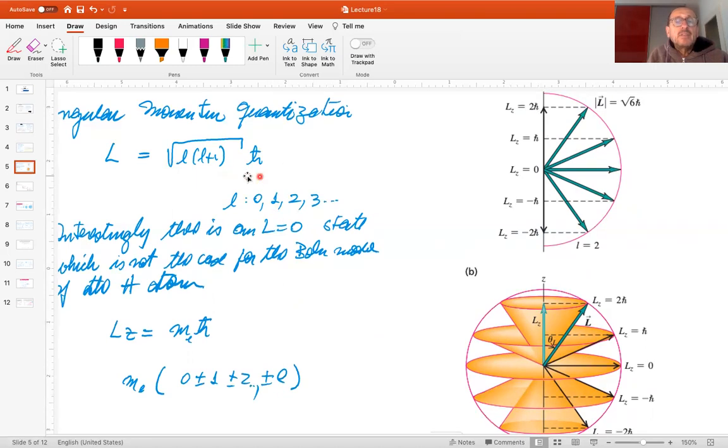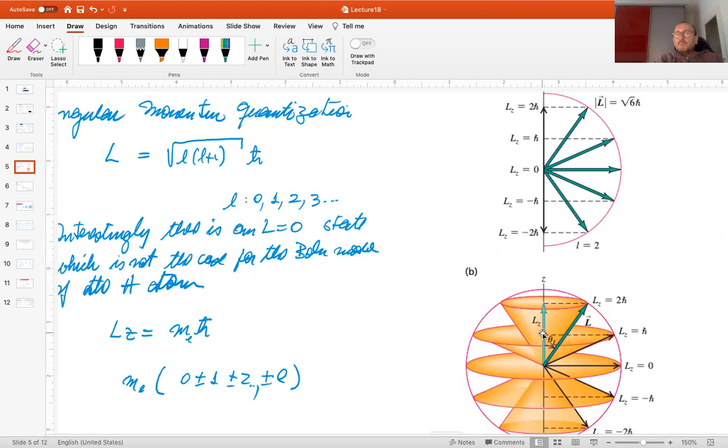And if l is 2, it has 5 possible values or components of Lz, and this is what is shown in this diagram. So this is one projection, this is the other projection, there's a 0. So ml could be 2, 1, 0, minus 1, minus 2, and correspond to this projection of the angular momentum along the z direction.